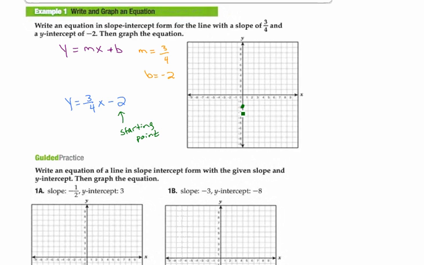Then from that point, this is telling me to rise 3 and to run 4. So I'm going to rise 1, 2, 3, run 1, 2, 3, 4, and there's my second point. Okay, 2 points is all I need to graph an equation. So let's go ahead and graph.